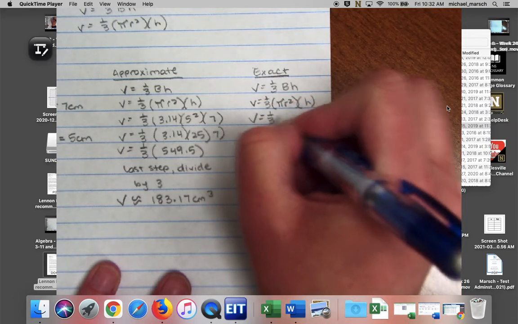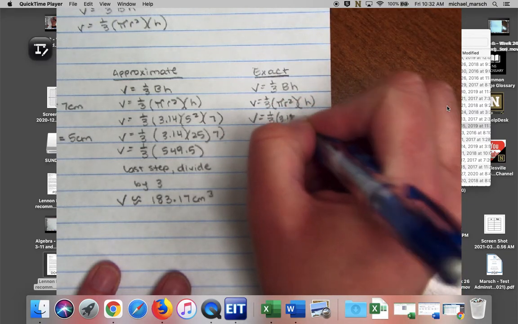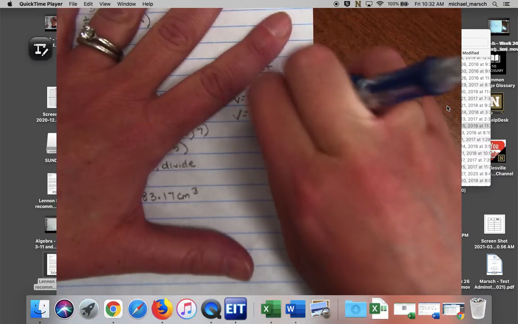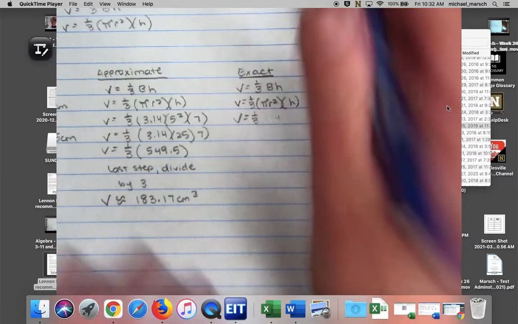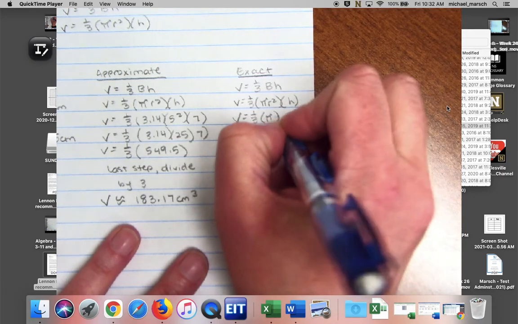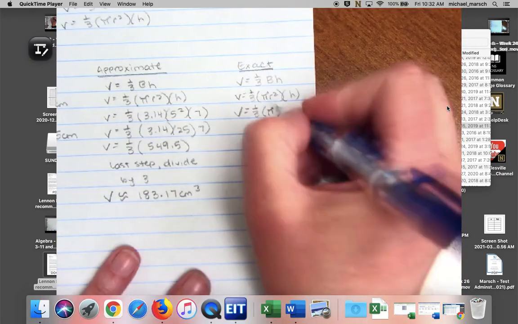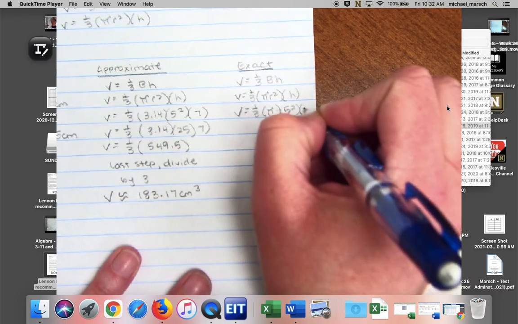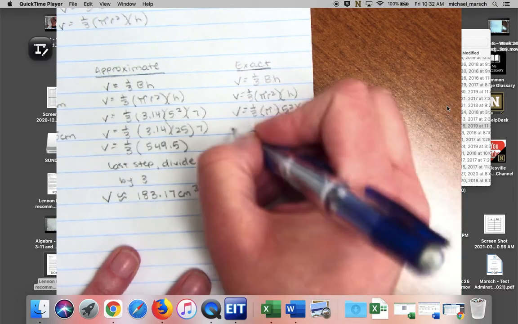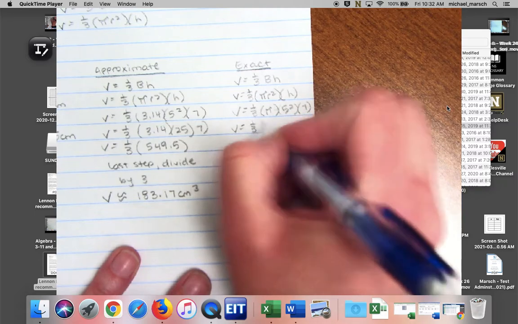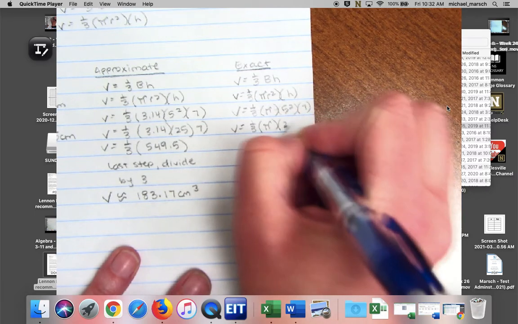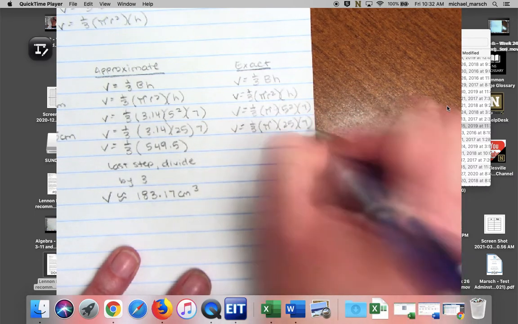Volume equals 1/3 3.14, or no, oops, my bad, this is exact. 1/3 pi times 5 squared times height. So that's going to be 7. Volume equals 1/3 pi times 25 times 7.